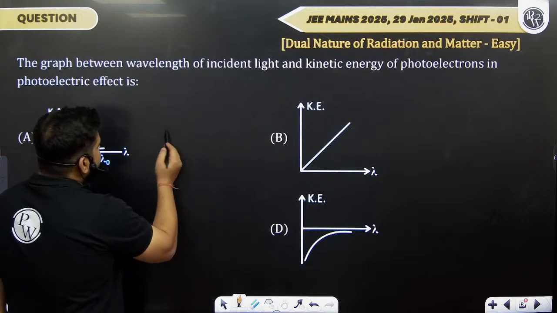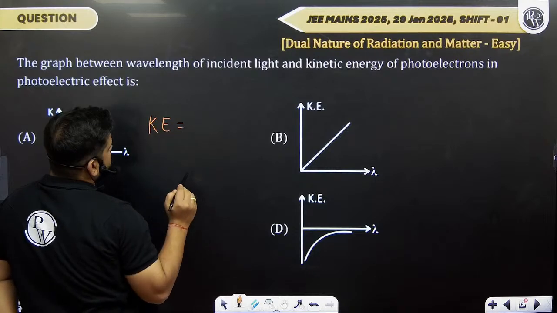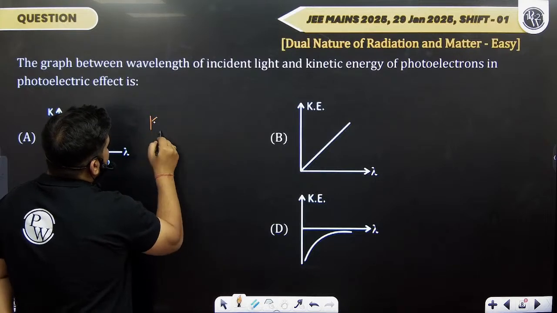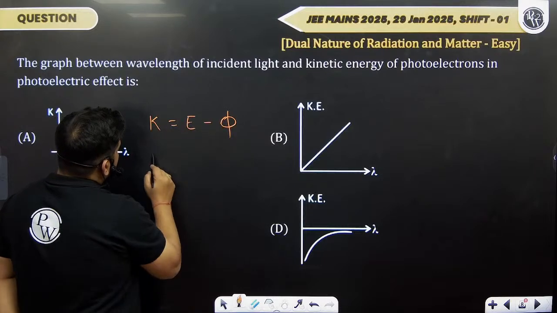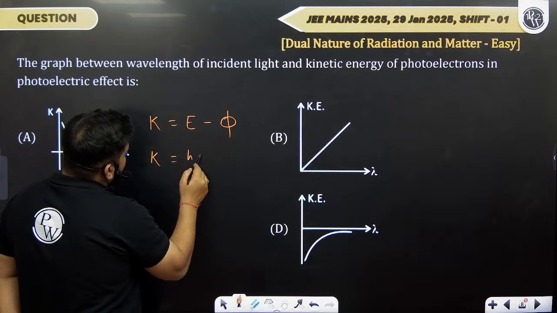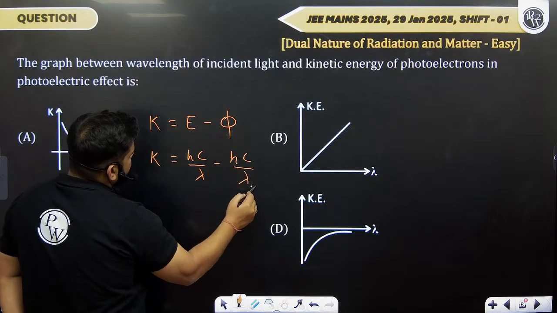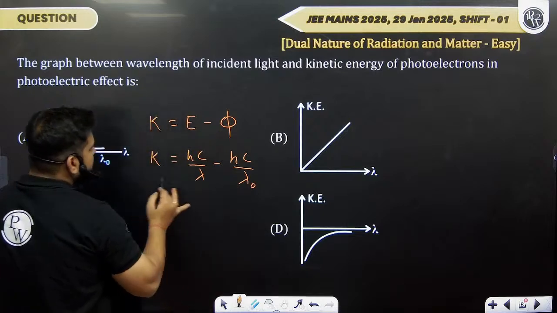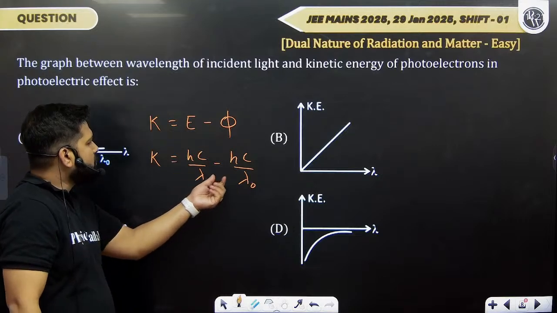So we have to understand that if I have to write for kinetic energy, let me write it as K. So K is equal to incident energy minus phi, the work function. I can also write this as K is equal to hc by lambda minus hc by lambda naught. If you notice, this is somewhat in terms of y is equal to some constant times 1 by x.